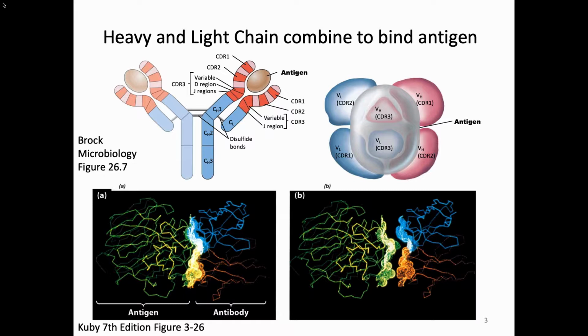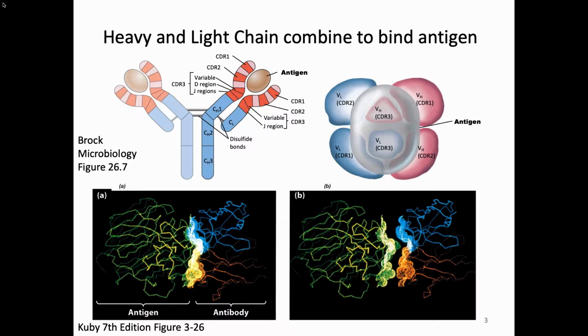These are the parts of the antibody that bind to antigen. They're identical on either end, and this is where we're actually going to make contact with the antigen based on the three-dimensional shape that is made by that heavy chain and light chain together. That binding does require both the heavy chain and the light chain in order to be specific for the antigen.